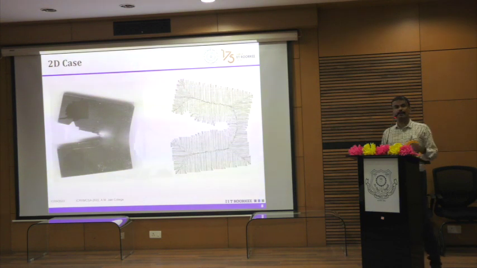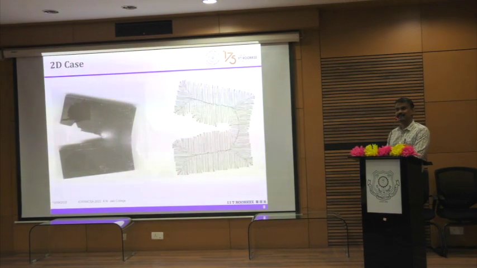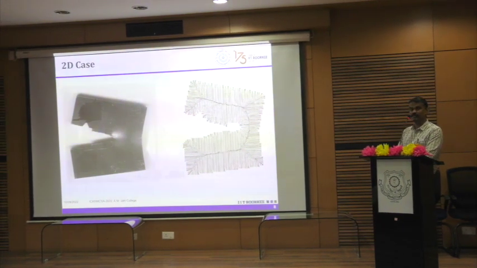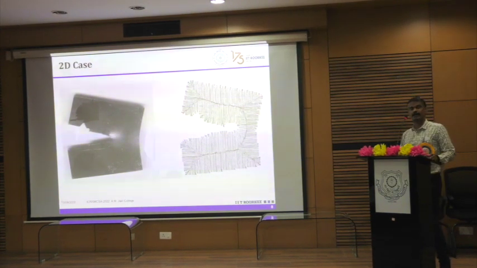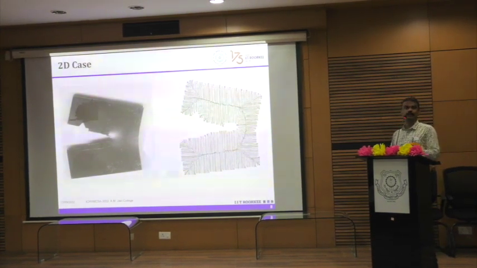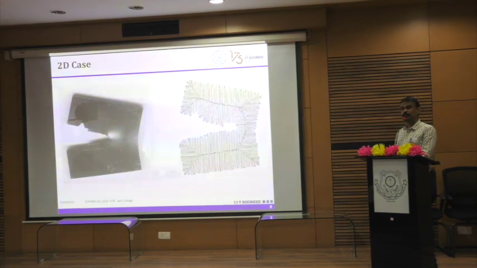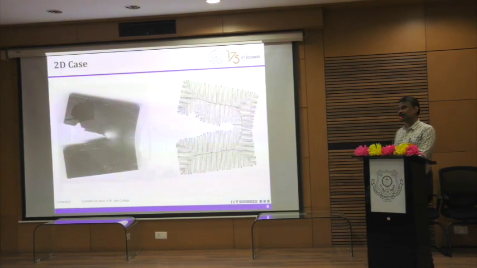Any image can be represented as a two-dimensional function, f of x y. Now I partially differentiate the function f of x y with respect to x and with respect to y. I will get i vector times dou f by dou x plus j vector times dou f by dou y.